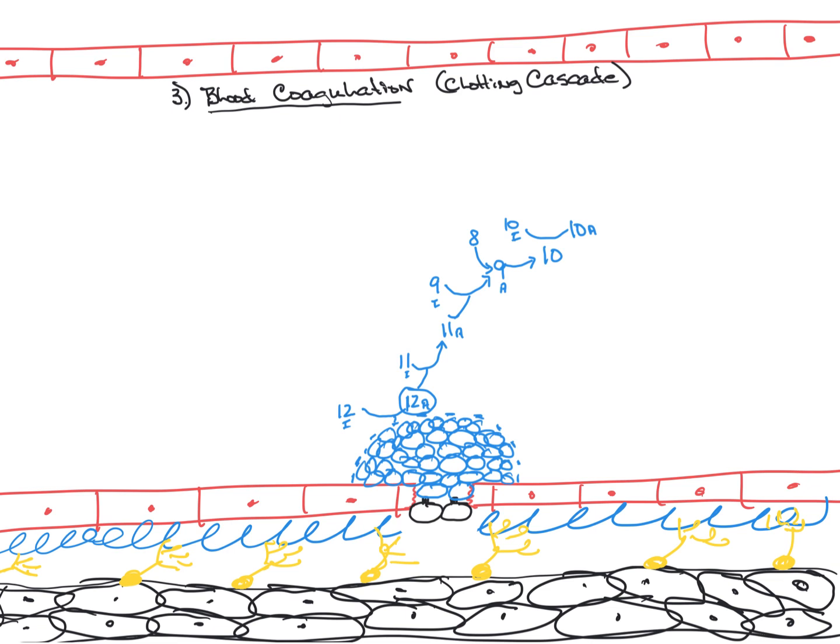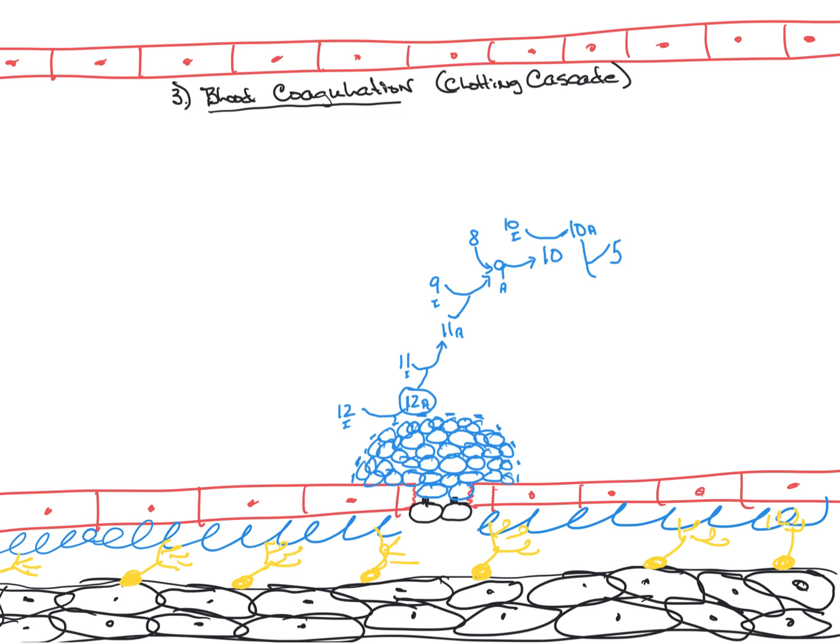Once 10 becomes activated, then 10, along with factor 5, remember 5, as we drew out earlier, is now in the common pathway. The common pathway is 10, 5, 2, 1.